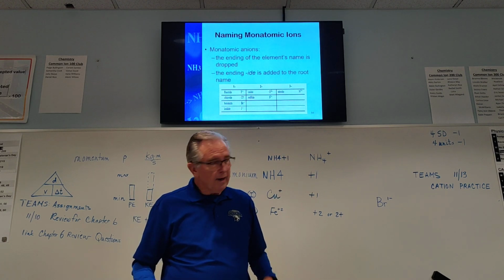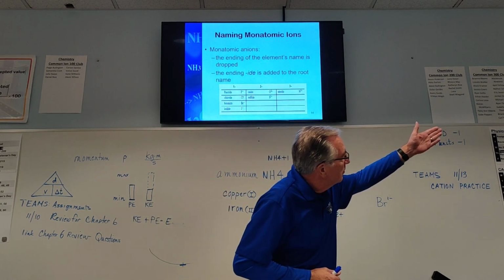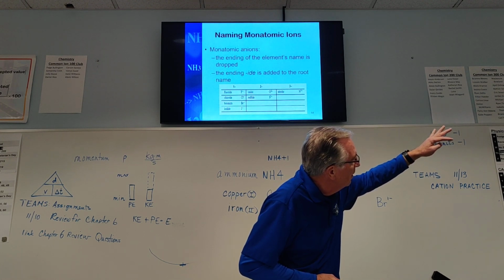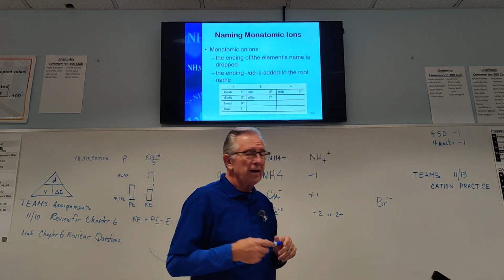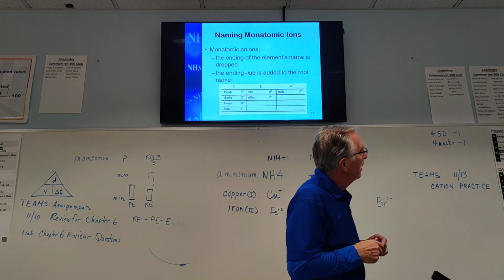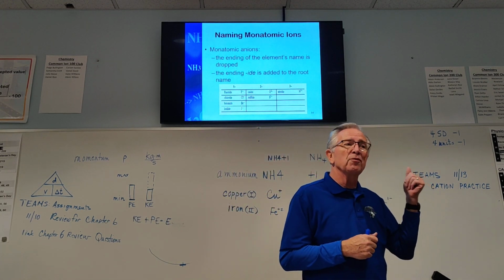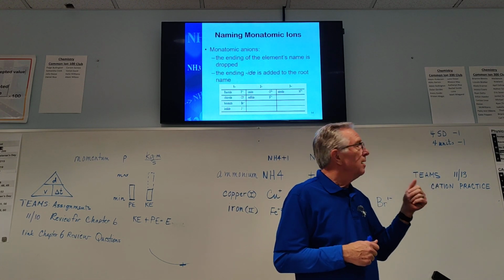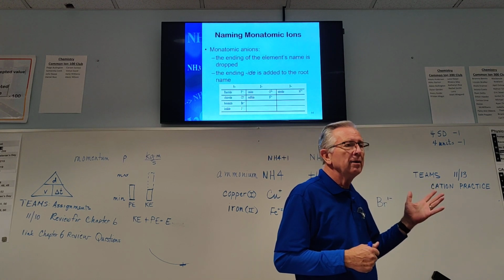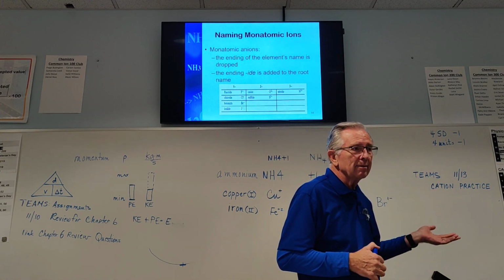If you look at the second to last column, we have fluorine, chlorine, bromine, iodine, and astatine. Astatine's not on our charts, we'll just ignore that for now. And so the first one becomes fluoride, and then the next one becomes chloride, bromide, iodide.